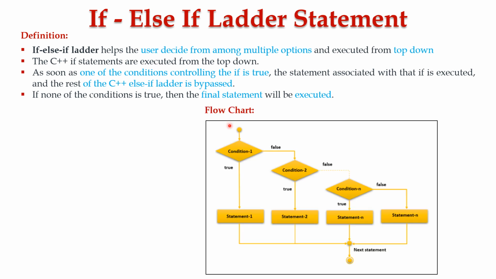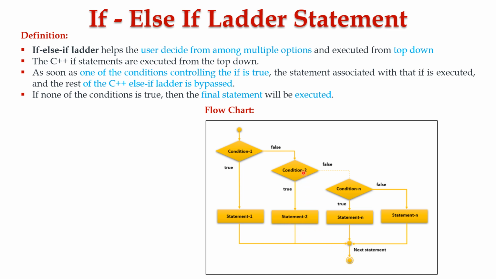Now let's check out the flowchart for the if-else-if ladder. The code starts here. We have condition 1. If condition 1 is true, then statement 1 will be executed and the entire program control moves to the next statement. If condition 1 is false, it moves to condition 2. If condition 2 is true, it executes statement 2, then moves to the next statement.